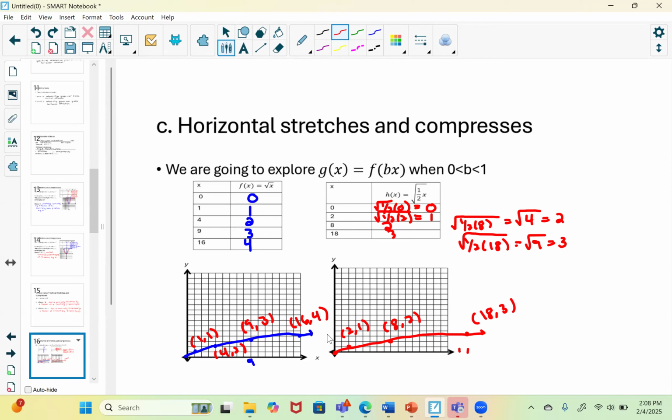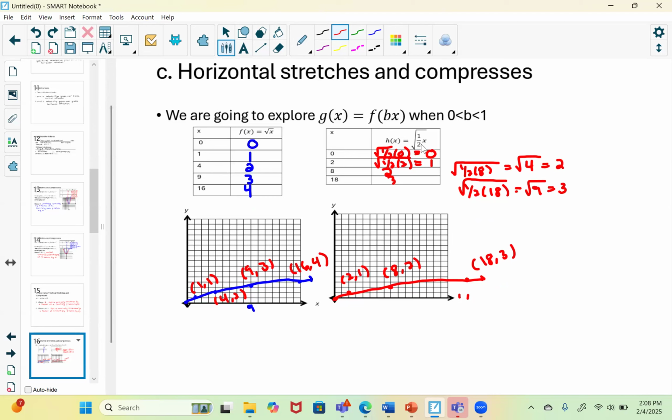Okay, so notice my Y values, I still have a 3, I still have a 2, I have 1, 3, 2, 1. But my X values are all double. So initially X is 1, now it's 2. Initially X is 4, now it's 8. Initially X was 9, now it's 18. And so when it's 1/2 inside, it actually does the opposite.